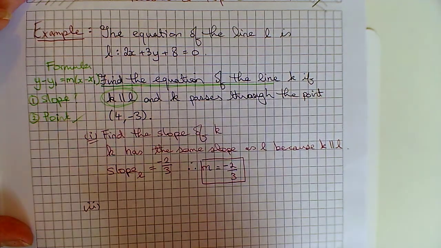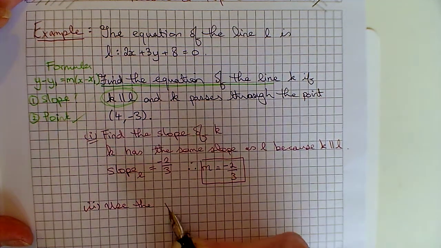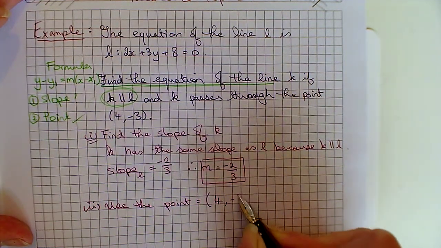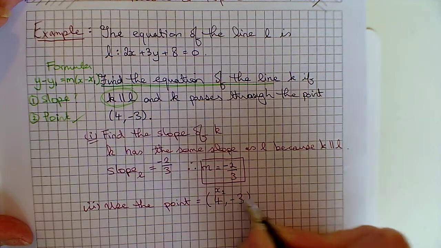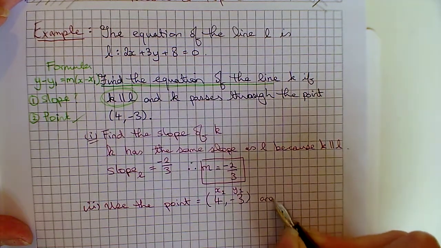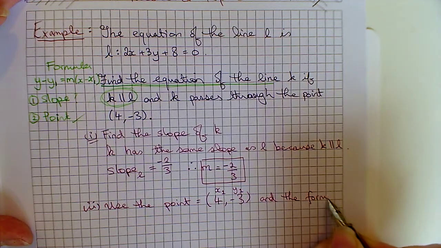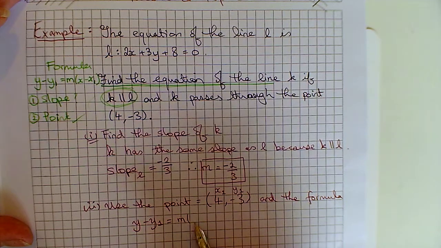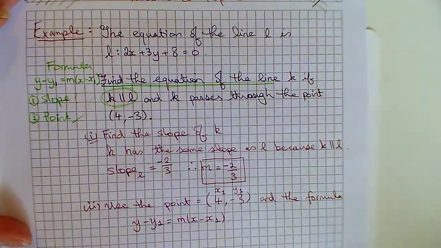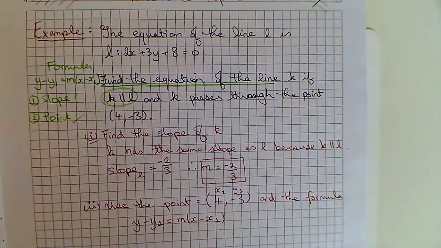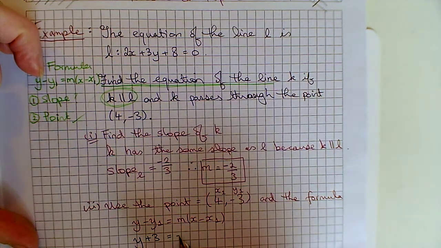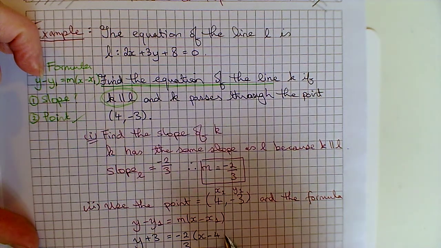And the second thing I do is I use the point. The point that I'm given is (4, minus 3), and that point is x1, y1, in the formula y minus y1 equals m by x minus x1. So I'm filling into this formula: y minus minus 3, y plus 3, equals m, minus 2 over 3, by x minus x1, x minus 4.